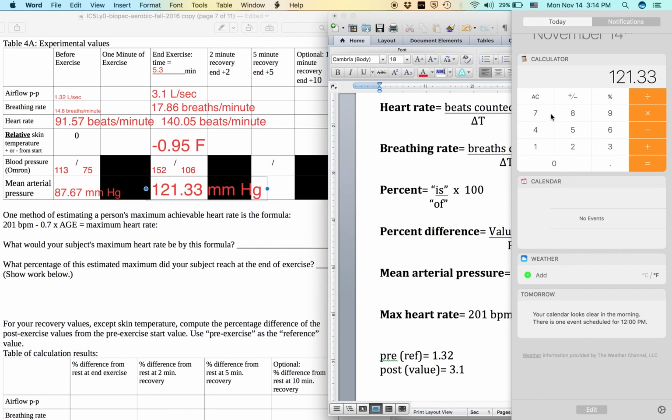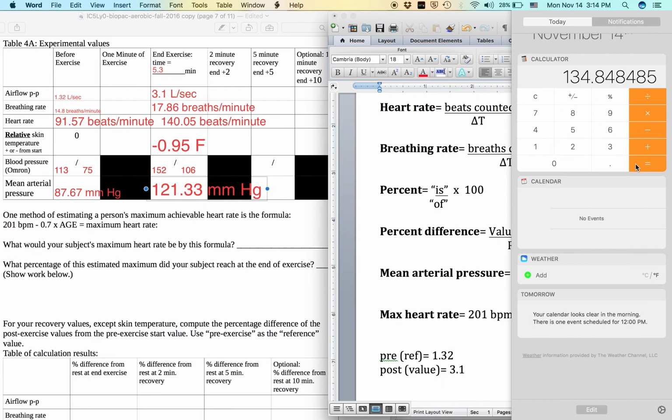So 3.1 minus 1.32 equals 1.78 divided by 1.32 is 1.35, we'll call it. Now we need to multiply that by 100, and we get our percent difference.